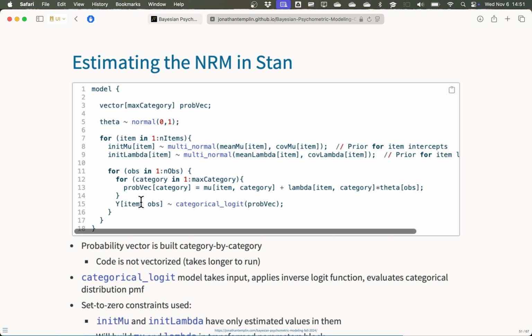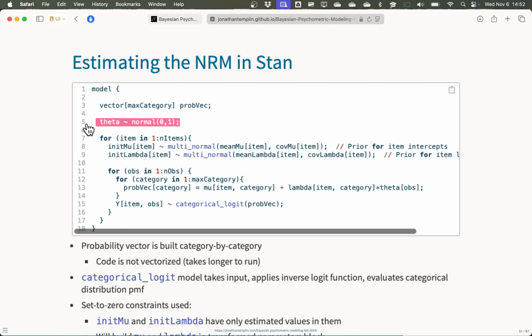Now, like when we went to the graded response model, we have multiple mu's, we have multiple lambdas, so we have to put both their hyperparameters in arrays. So you see both of these now are indexed by item. And within the items loop, we define them to have a multivariate normal prior distribution, as we've done for most of our parameters throughout class. We then provide a mean vector and covariance matrix for each, because there are multiple mu and multiple lambda parameters per item.